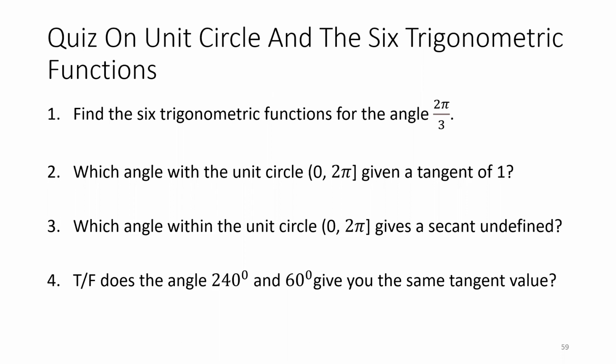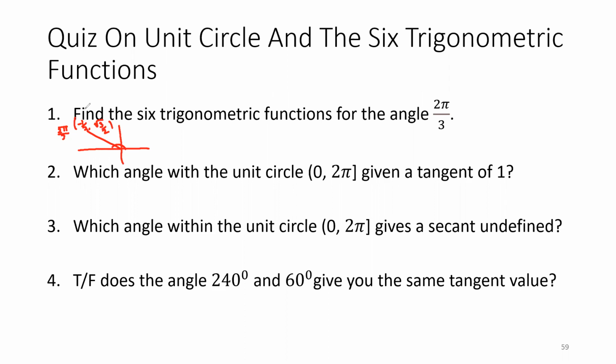First, I would locate where 2 pi over 3 is on the unit circle. It's right here, in quadrant 2. It's also 120 degrees, and it has an x coordinate of -1/2 and a y coordinate of radical 3/2.